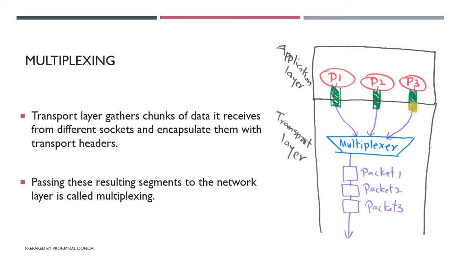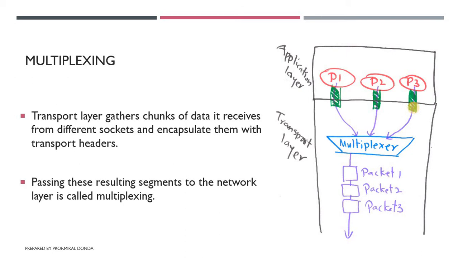All the data of the application layer comes to the presentation layer, which prepares the data into a presentable format, then it is given to the session layer, and then the data comes to the transport layer. Now the work of the multiplexer starts.